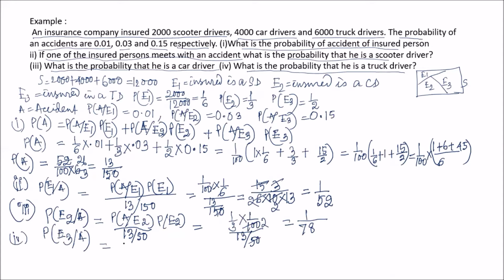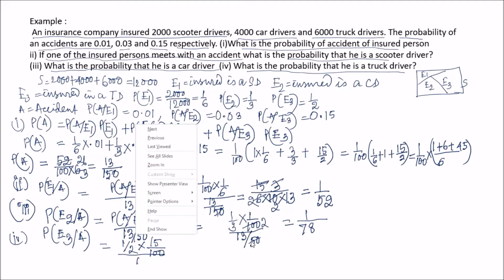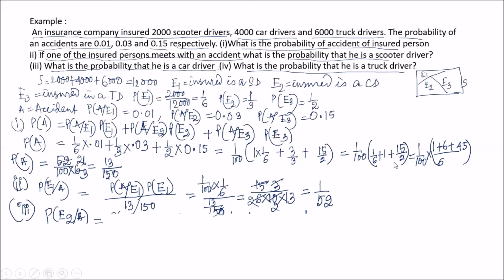It will be 1 by 2 into 15 by 100 upon your 13 by 150. Now the second one. So this will be P(A given E2) into P(E2) by total probability.